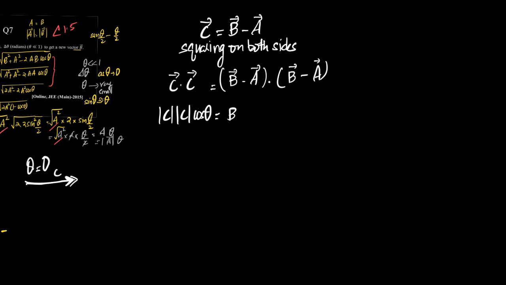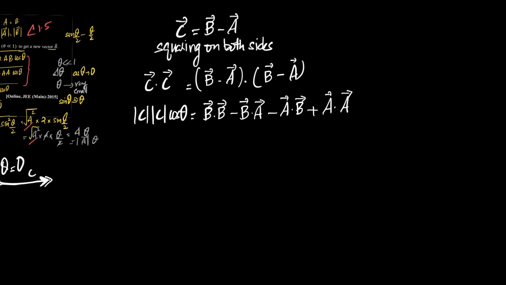So this will become vector b dot vector b, minus vector b dot vector a, minus vector a dot vector b, plus vector a dot vector a.